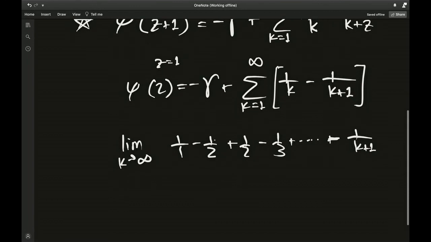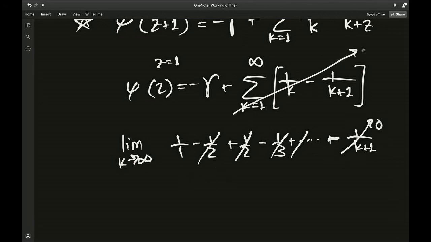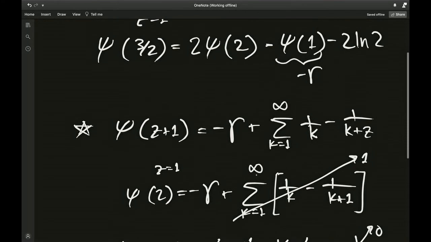So notice this cancels with this term. We have 1, and then in the limit that k goes to infinity, this will go to 0. So we'll just have 1 for this guy, which means the digamma of 2 is just nothing but 1 minus the Euler-Mascheroni constant.